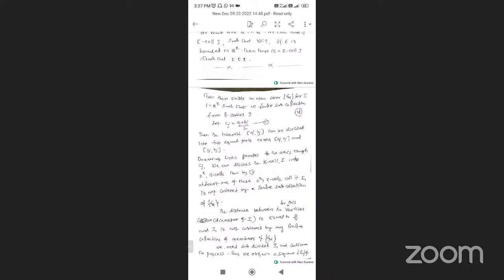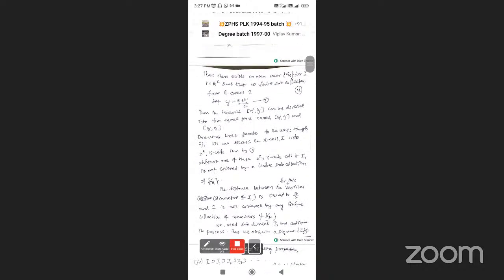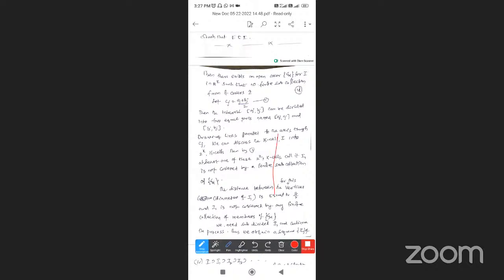Then we intersect Aj Bj and divide it into two equal parts, named Aj and Cj. Like this is an interval. So I have taken this interval, the interval Aj and Bj, dividing at Cj. So this is the divided interval. Aj comma Cj is one interval, Cj comma Bj is another interval.